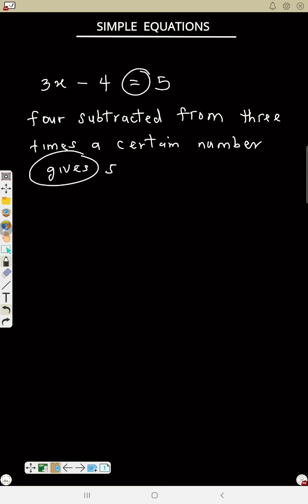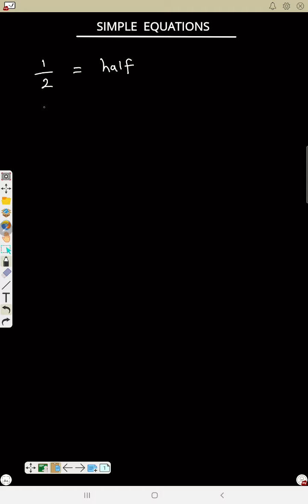So like that. Now let's say fraction. Now if you say 1 over 2, 1 over 2 is half.